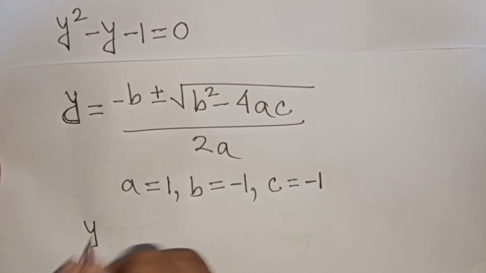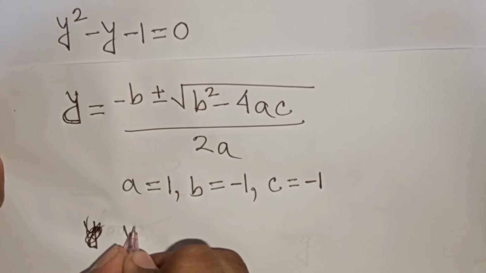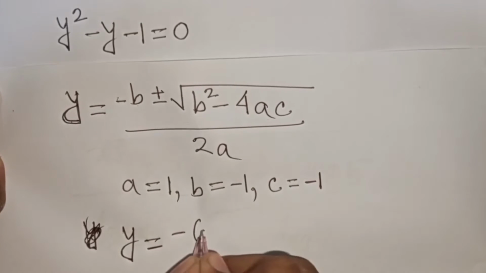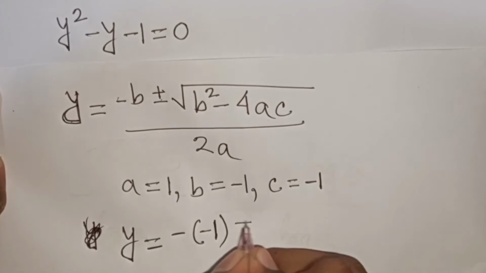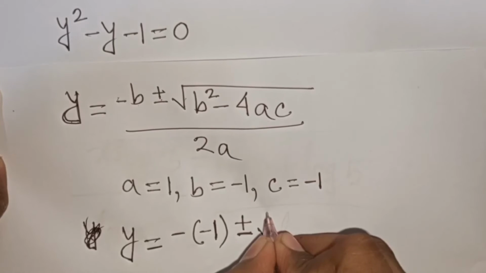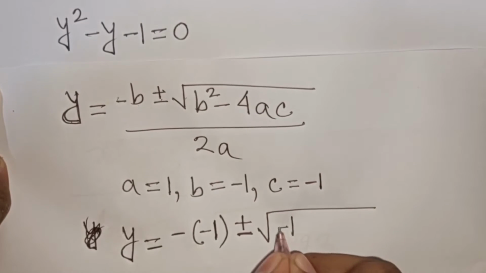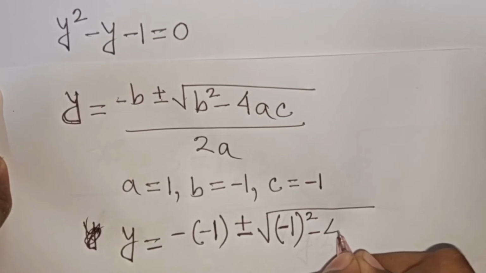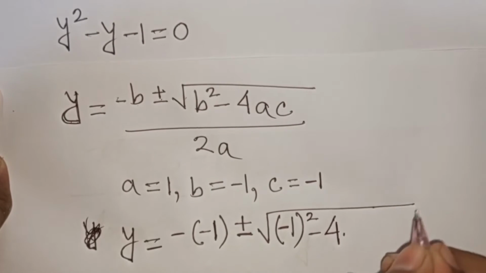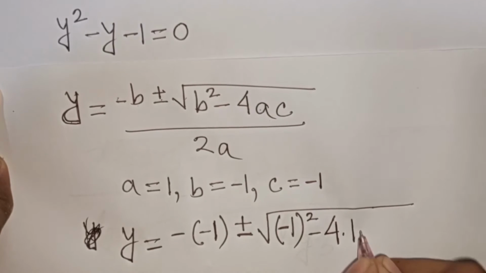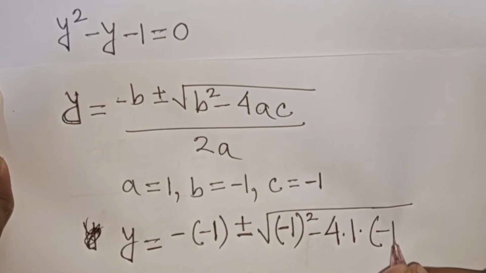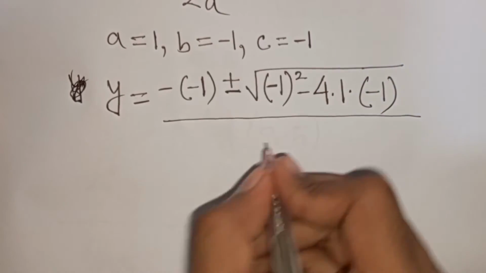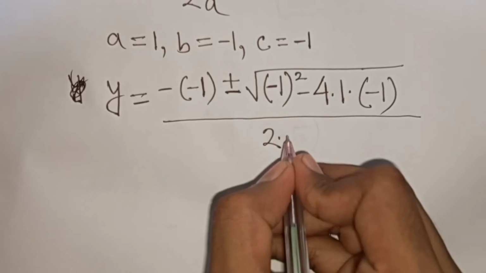So y will be equal to minus b, that means bracket negative 1, then plus or minus a square root of b square, that means negative 1 bracket square, minus 4 times a, that means 1, times c, that means bracket negative 1, divided by 2 times a, that means 1.